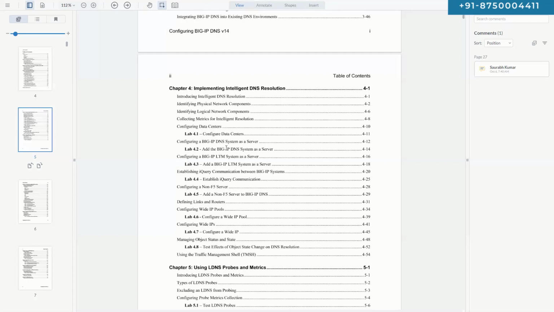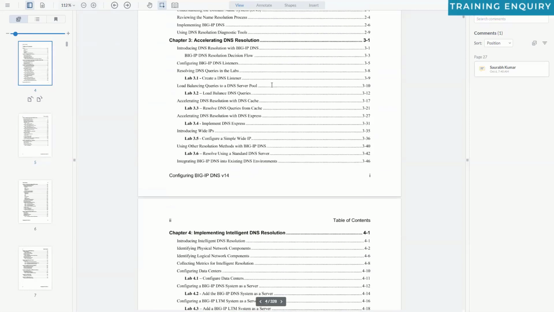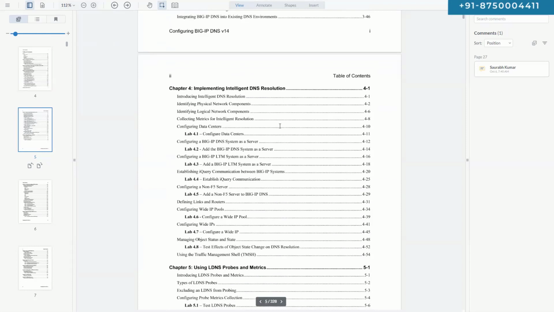And that's where you would see the actual use cases of the BIG-IP DNS, because before it, you are using some older DNS mechanisms. Accelerating DNS will help us accelerate the performance of the DNS resolution, but the actual impact of BIG-IP DNS on DNS resolution would be seen during chapter 4.